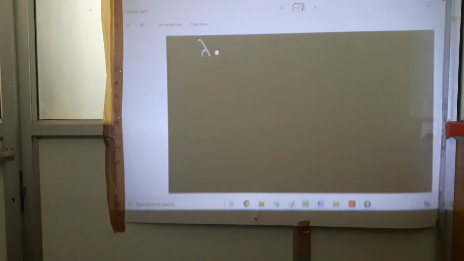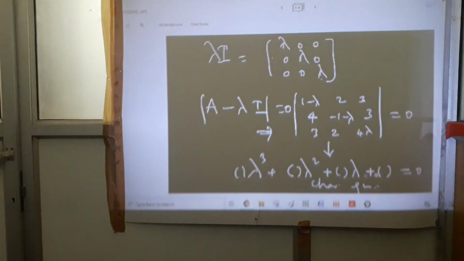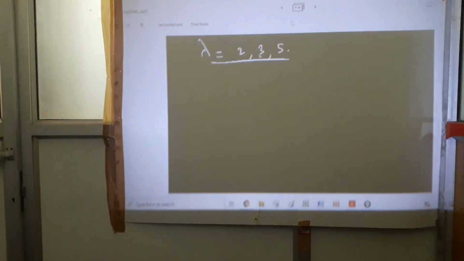And suppose the characteristic values are 2, 3 and 5. Just for the sake of simplicity, I am writing some numbers here. I have not calculated the roots of this one. So case 1, we need to find eigenvectors. You can say characteristic vectors, also you can say eigenvectors.